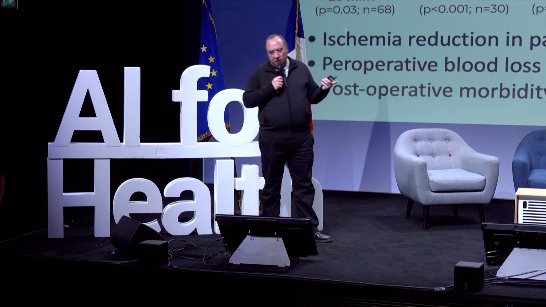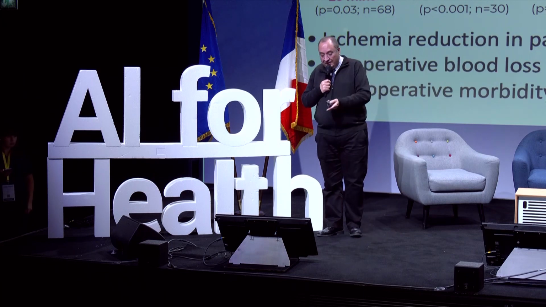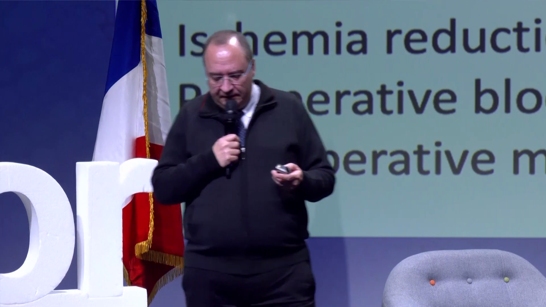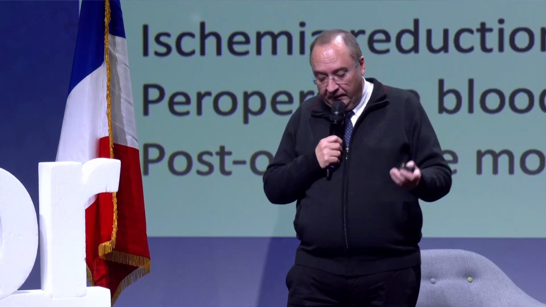In Europe, it's a little bit less, but you will save money only by this modeling. You have lots of optimization for kidney surgery. You see the ischemia typically. And we have a reduction of blood loss. Of course, you know in advance where the arteries are. And a reduction of the post-operative morbidity and complications.